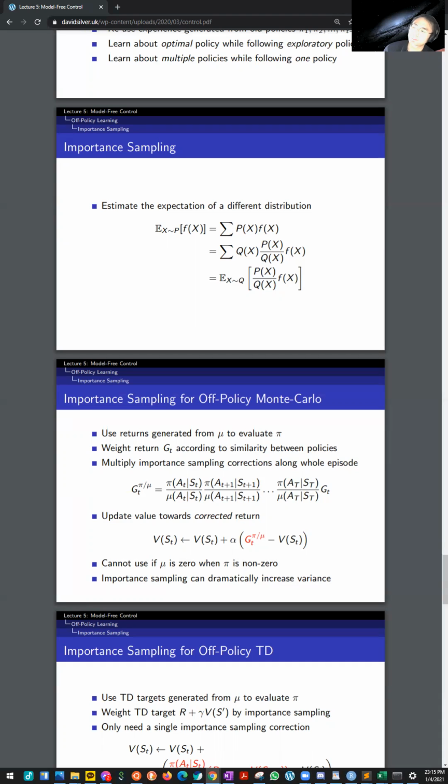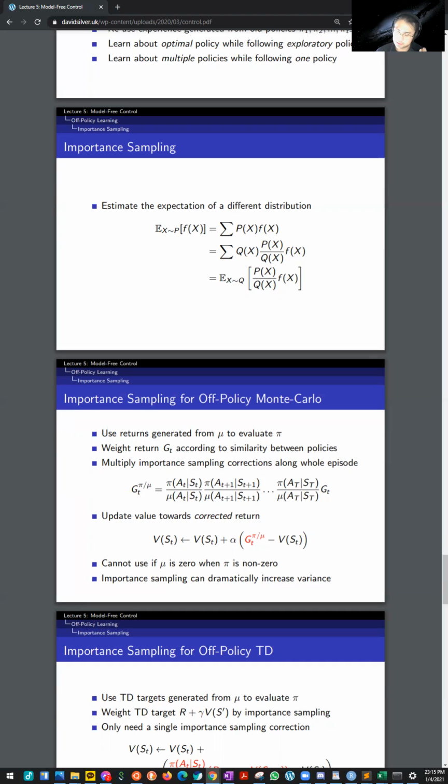This concept has an analogy in the off-policy setting, because instead of relying on one policy, we are relying on two policies: one for the update policy, one for the action selection policy.